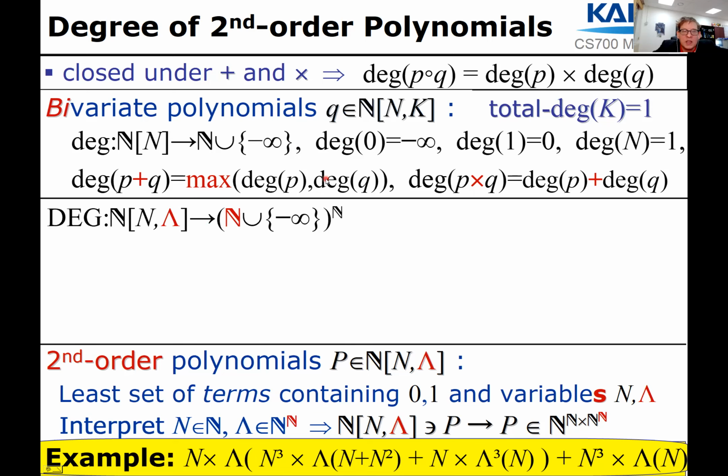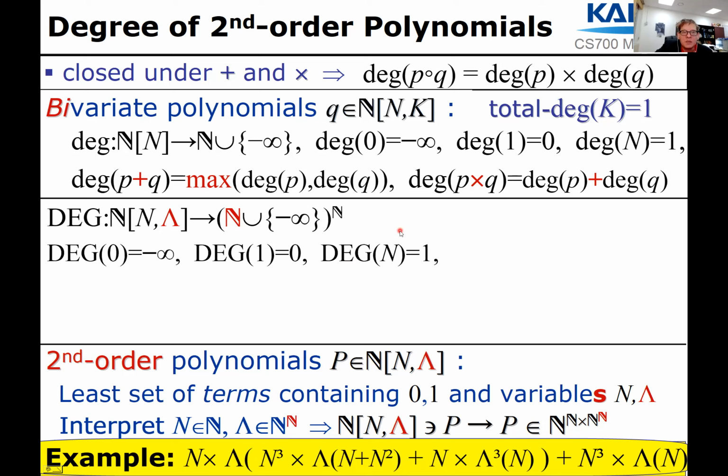Okay. And now, as promised, moving on to the degree of a second order polynomial. This is our ring of second order polynomials in two variables, one integer variable and one integer function, higher type variable. The value of this degree is not just a natural number including minus infinity, but a function from natural numbers to natural numbers including minus infinity.